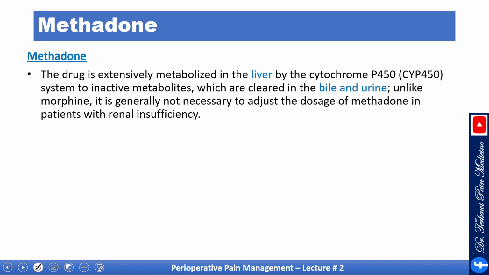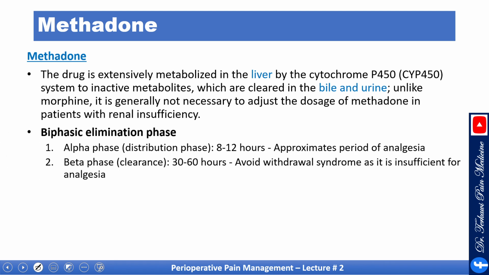The drug is extensively metabolized in the liver by cytochrome P450 to inactive metabolites, which are cleared in the bile and urine, unlike morphine. This is why it doesn't require a lot of adjustment, and it can be given more safely in renal insufficiency patients.